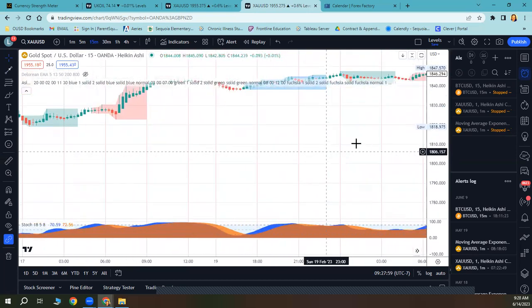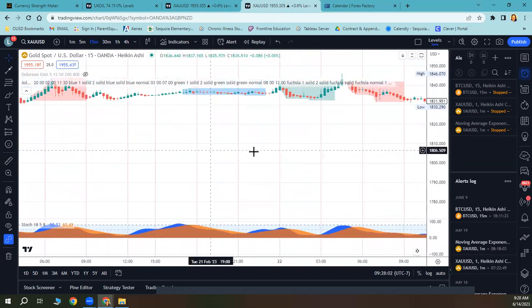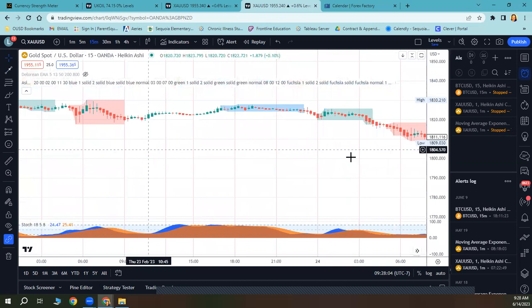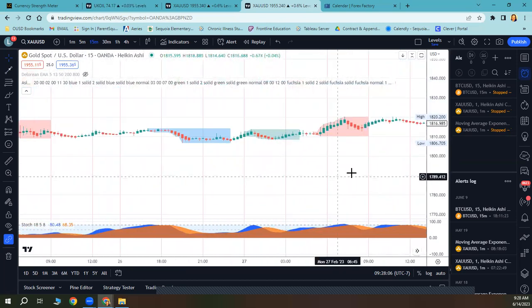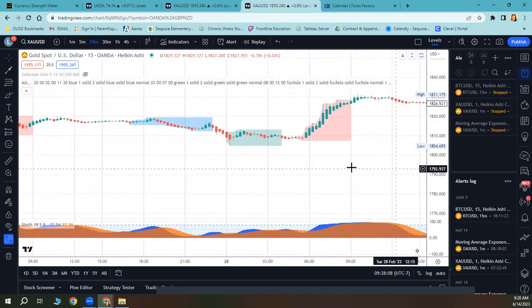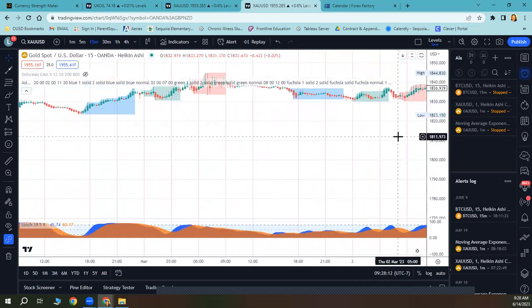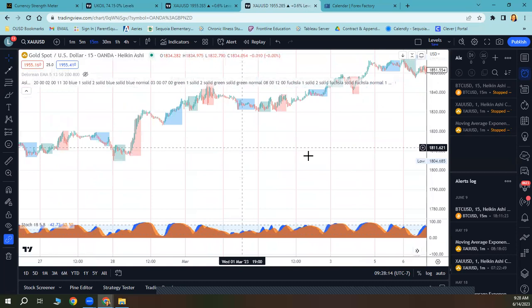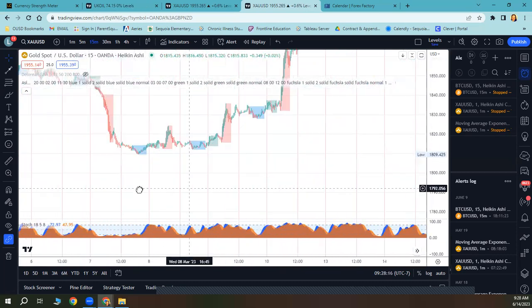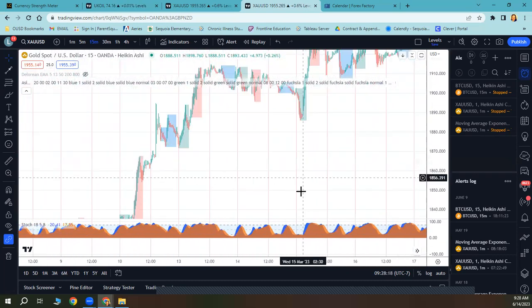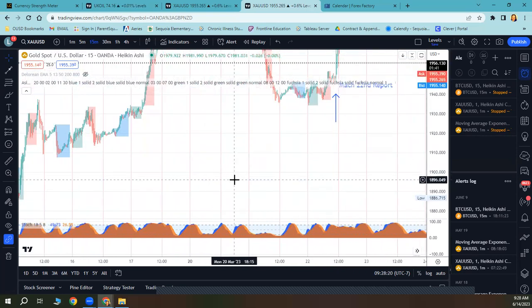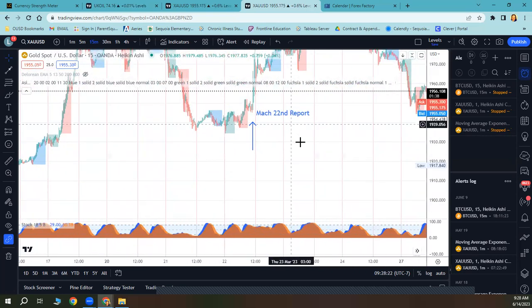Let's look for March the 22nd really quickly. And let's see how the market ended with that candle. Because there's so many reports coming out at once, scrunch it in so we can get there quicker. Okay, March the 20th. Okay, March the 22nd.